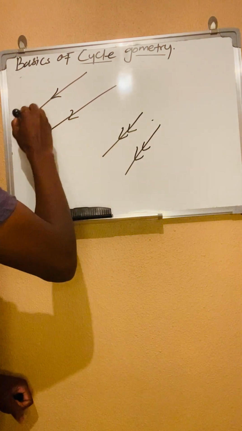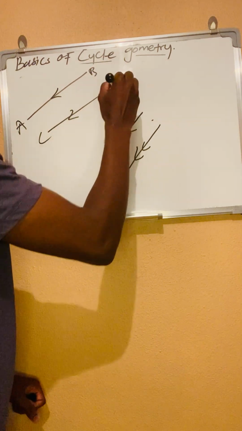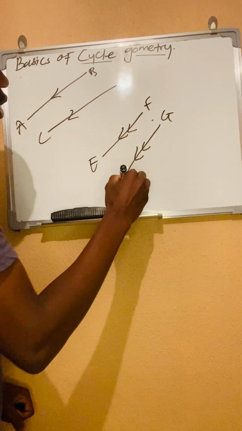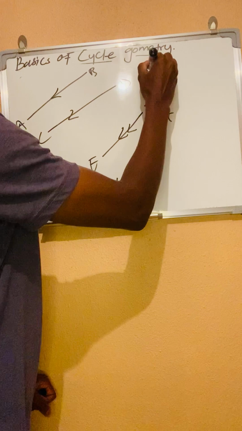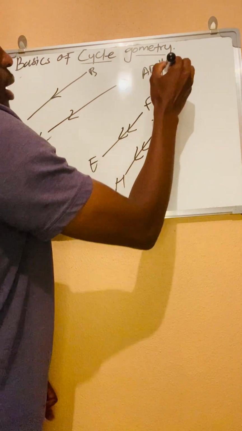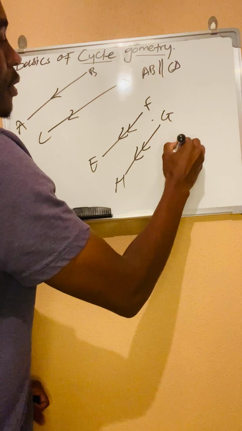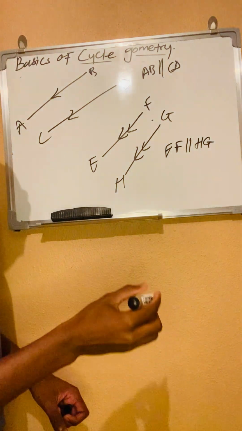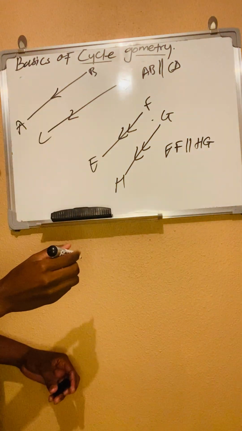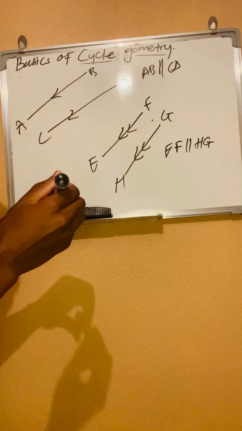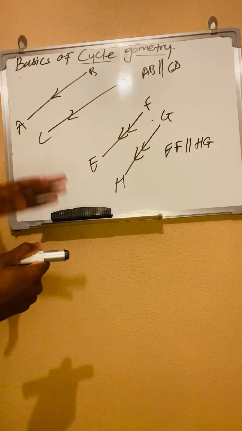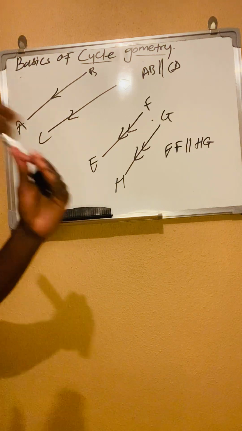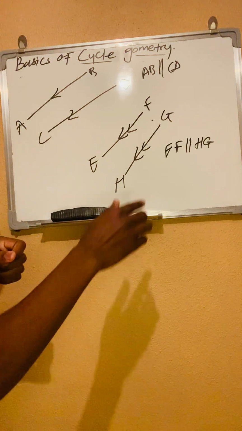It means A, B, C, D, E, F, G, H. So it means AB is parallel to CD. Here we're talking about EF is parallel to HG. These two lines never touch each other, so we call them parallel lines. It's only parallel if they tell you these two lines are parallel, or there are certain characteristics that I'm going to talk about now.